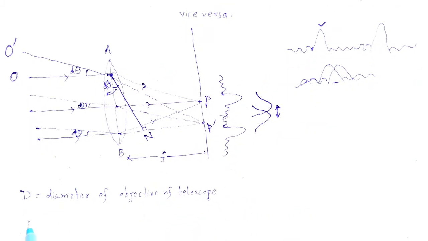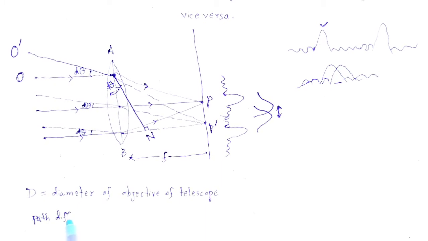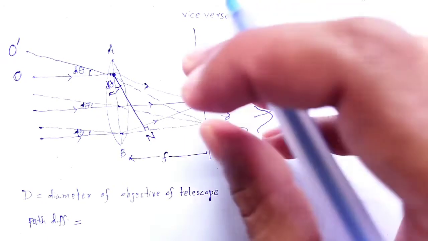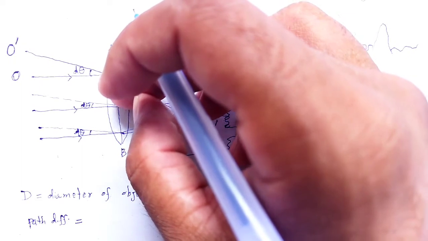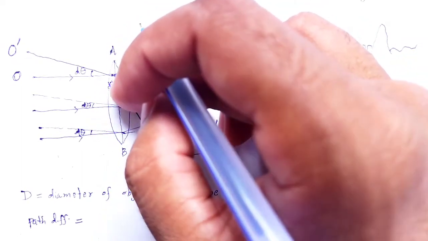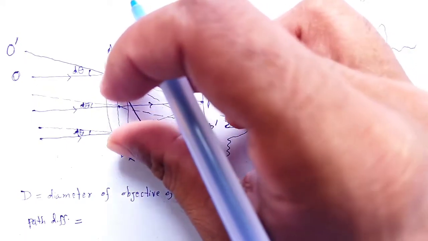So, the path difference, with the diameter d, and that angle equal to d theta. From the right angled triangle ABN, sin d theta is equal to Bn divided by AB.